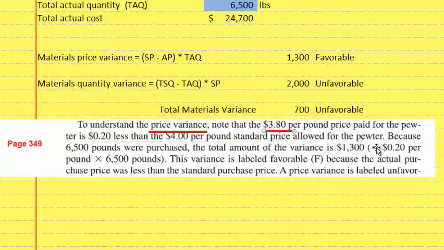So we took that 20 cents that we saved and multiplied it times the 6,500 pounds that we actually purchased and used, and that gave us a materials price variance of $1,300. And that's favorable because it is a cost savings.